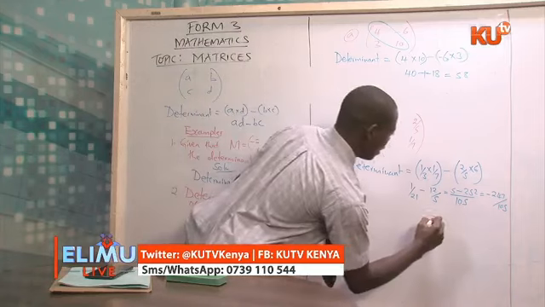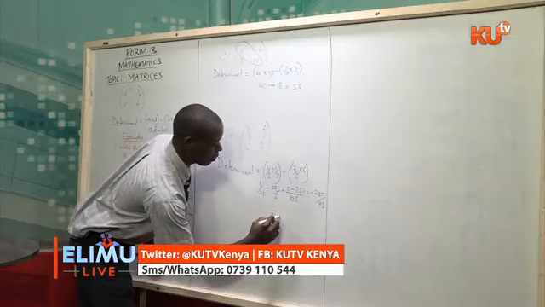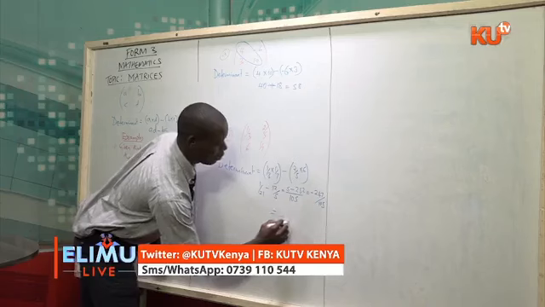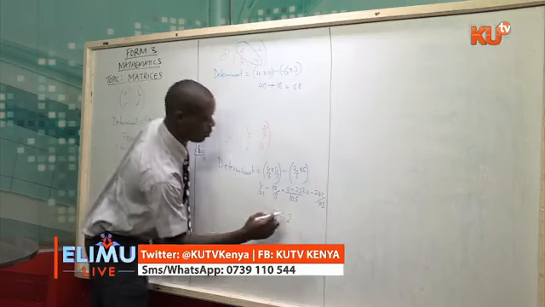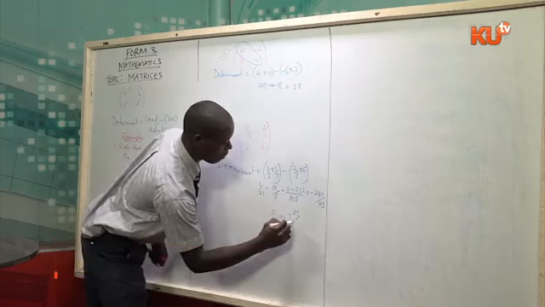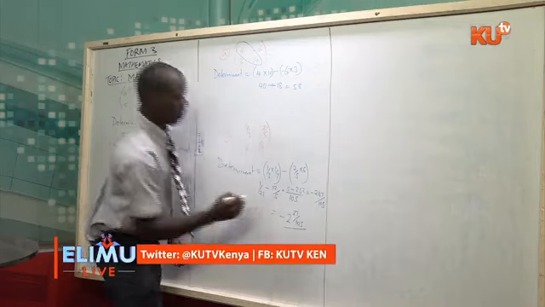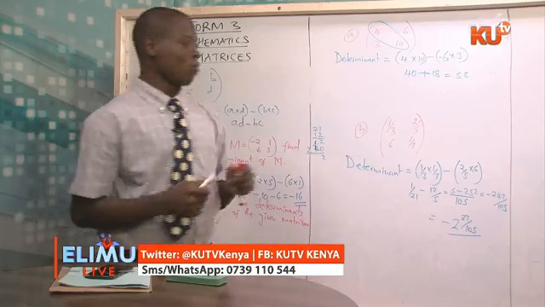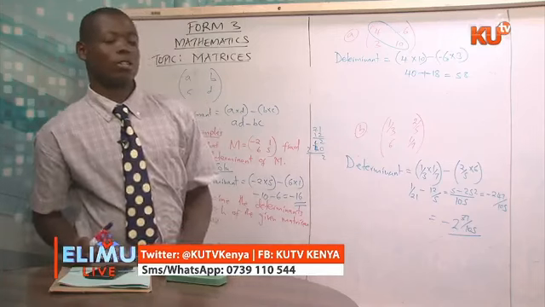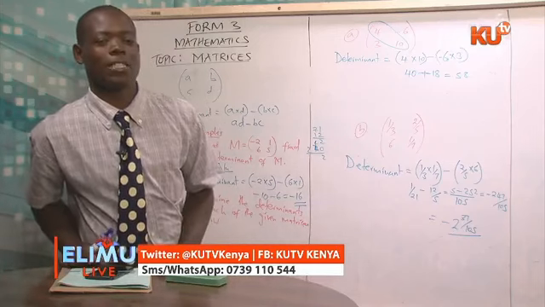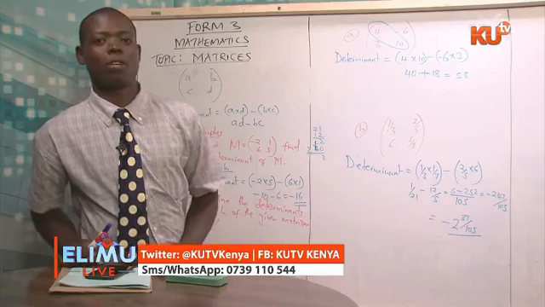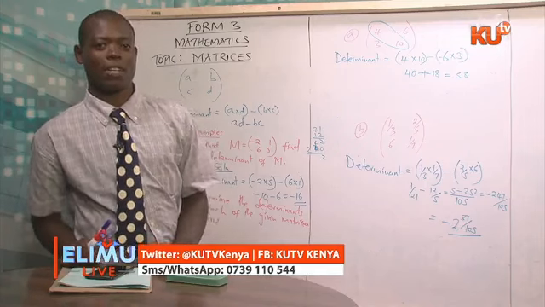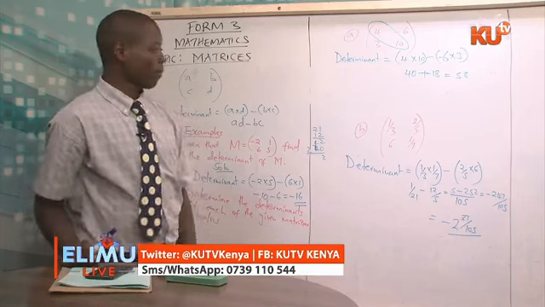As a mixed fraction, it will be negative 2, that is 210, then 37 over 105. That is our determinant. So students get to know that not only will we deal with whole numbers, but we will get to a point of dealing with fractions or decimals.